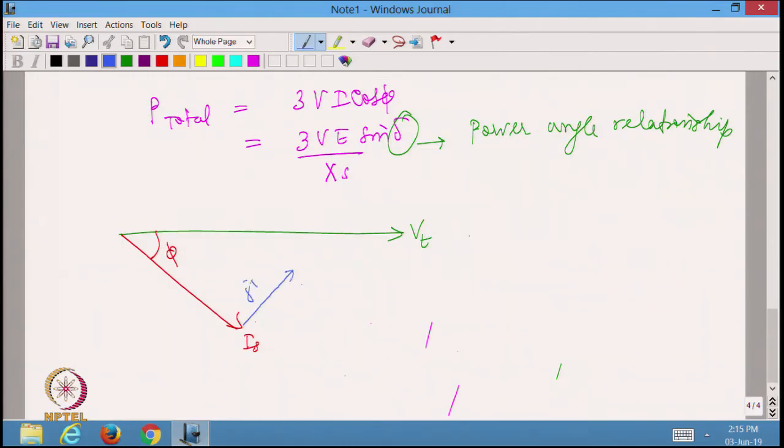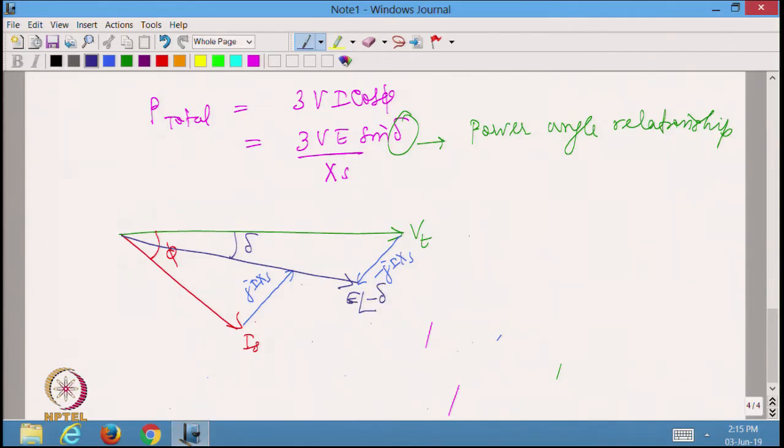This is what will be jIXs, right. So, I have to essentially write the same thing in the opposite direction, which will become minus jIXs. So, Vt minus jIXs will actually give me what is known as my E. This is going to be E, and this angle is delta. So, I can write this as E angle minus delta.